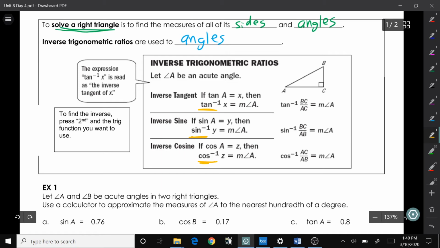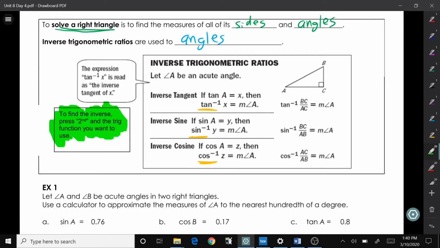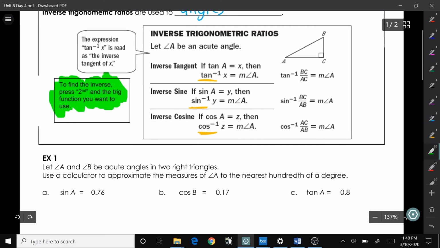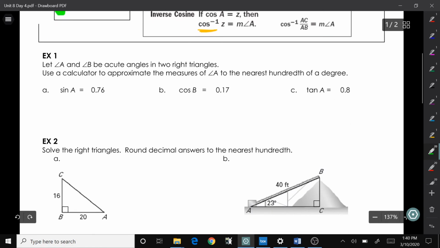That's what that -1 means. That tan -1 means the inverse of tangent. On our calculators, you would press the second button and then the trig function you want to use. So to find the inverse sine, we would press second sine. You will need a calculator for this.